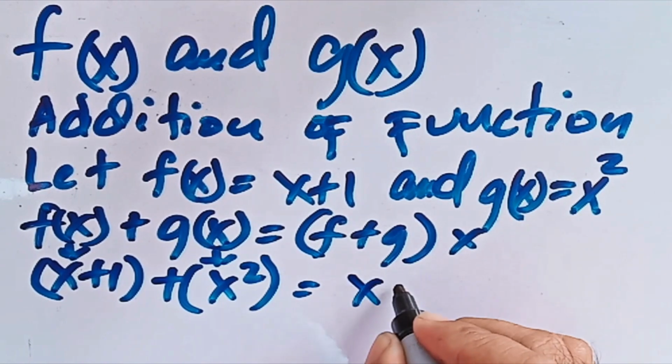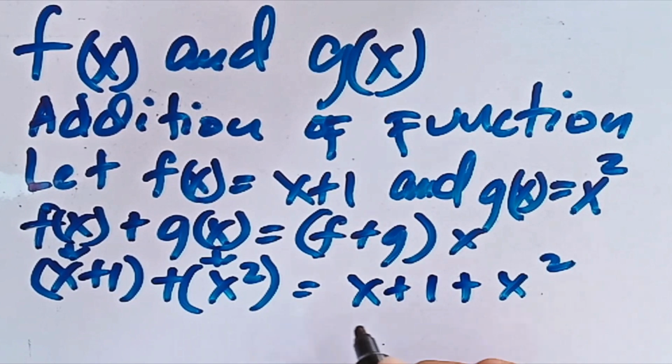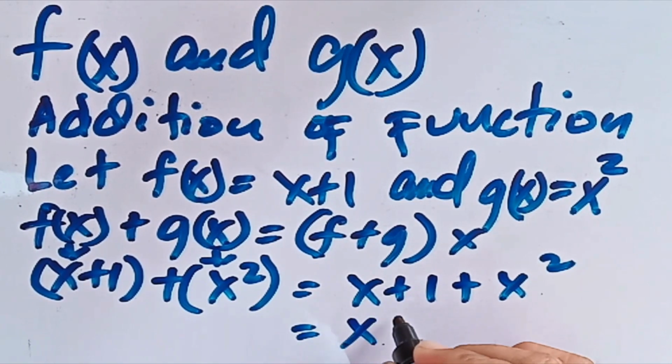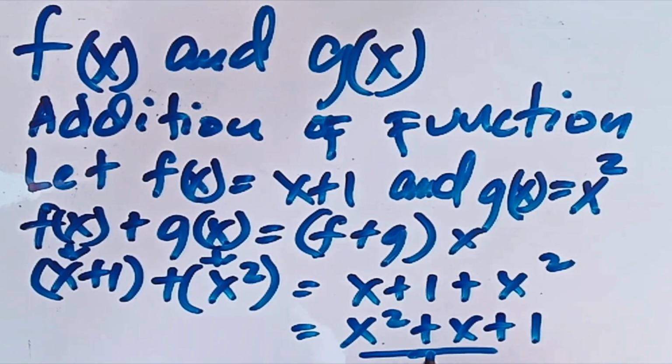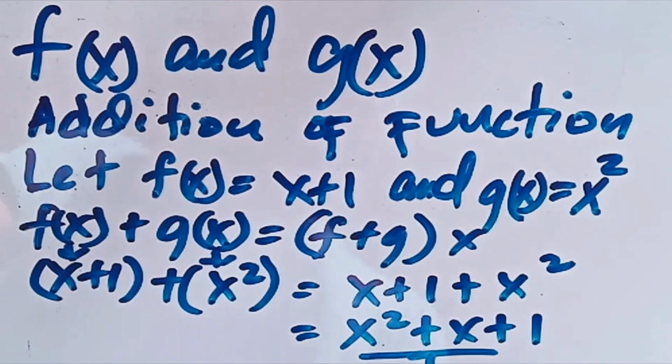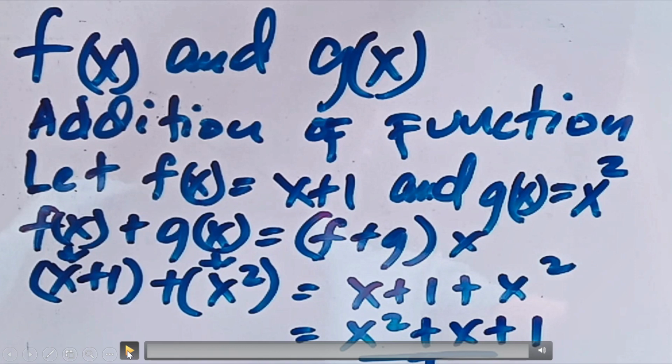So adding, that will give you x plus 1 plus x squared. Arrange it according to the highest degree. So x squared must be the first term, x to the 1 the second term, and 1 the last term. So that is the addition of functions.